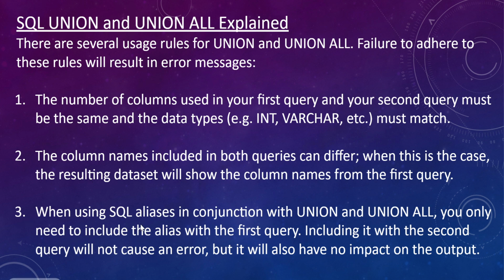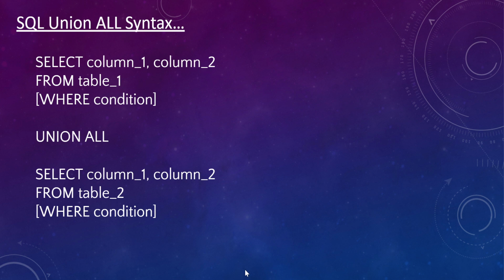When using SQL aliases in conjunction with union and union all, you only need to include the alias with the first query. Including it with the second query will not cause an error, but it will also have no impact on the output. For example, you name column 1 as C1, and also in the select statement for the second query you mention C2.